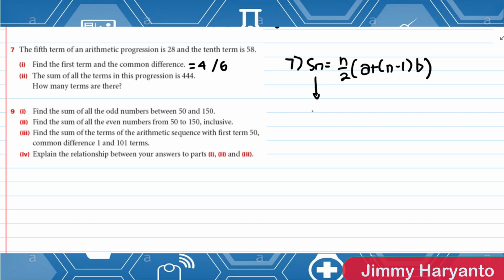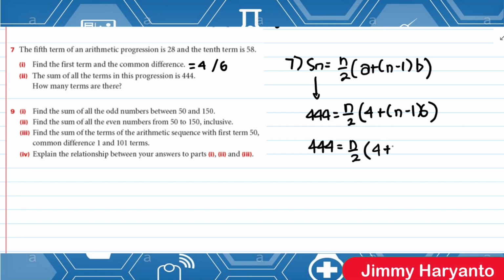Let's put 444 as the Sn, equals n over 2, which we don't know yet, times A, which is 4, plus n minus 1 times the difference, which is 6. So 444 equals n over 2 times 4 plus 6n minus 6. It will be 444 equals n over 2 times 6n minus 2.